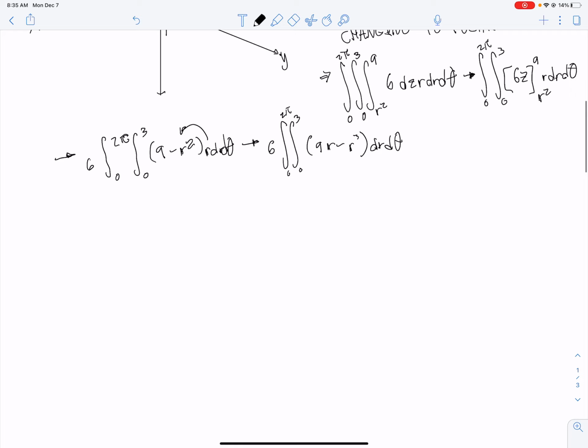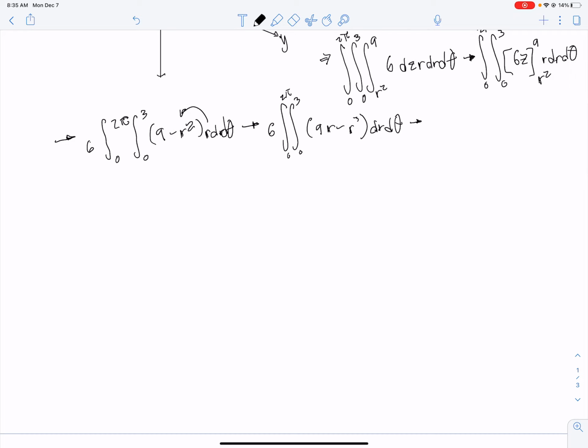Now taking the integral with respect to the inner r function, we have our 6 on the outside, 0 to 2 pi, and now we have 9/2 r squared minus 1/4 r to the 4 from 0 to 3 d theta.